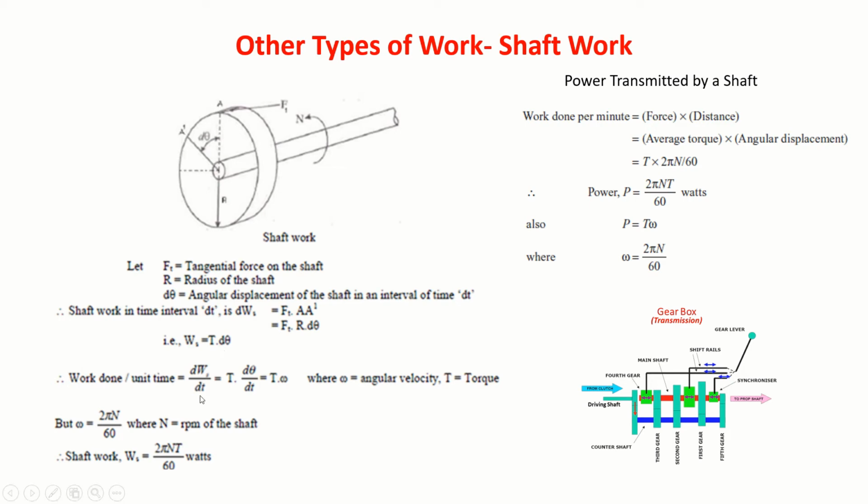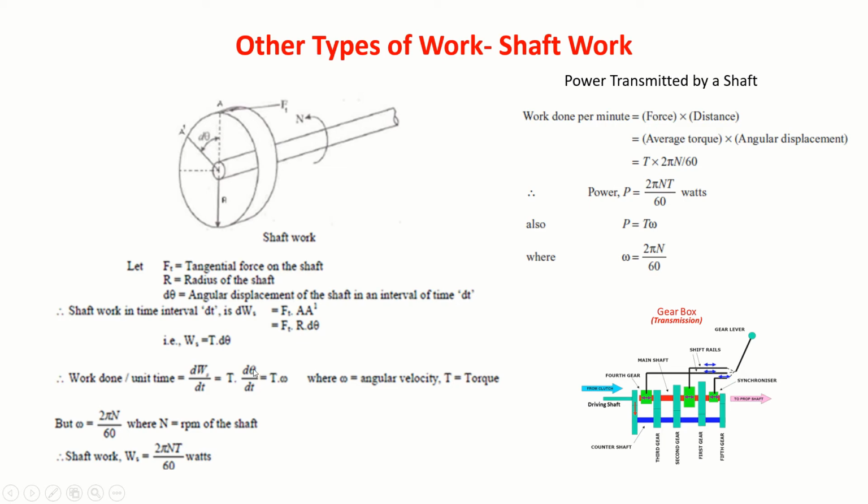Now if I divide by time, I'll get small work done divided by time, the rate of work done, which is nothing but power. So d theta by dt is nothing but angular velocity, which I represent by omega.